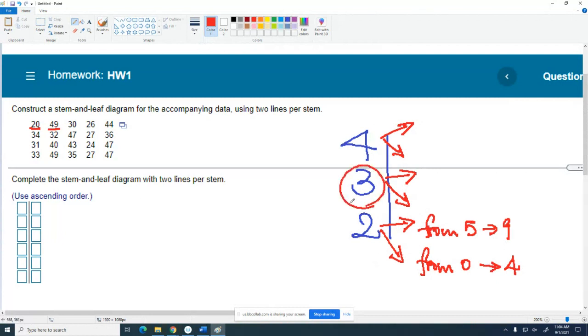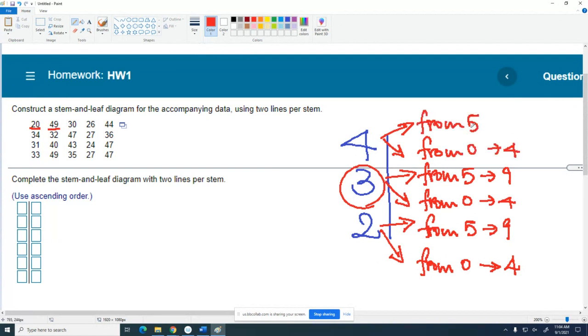And the 3 in the stem must be the 30s. The first one is again 0 to 4, and the second one is from 5 to 9. Consistently, it's 0 to 4 and 5 to 9. It's a 50-50, 50-50, 50-50, as we split into 2 parts, right?